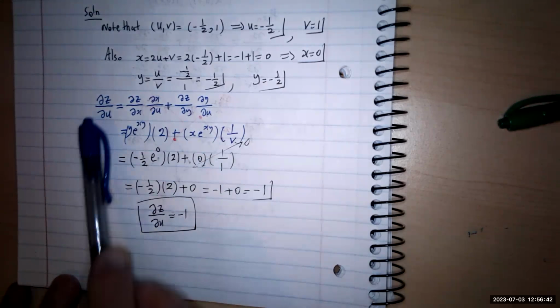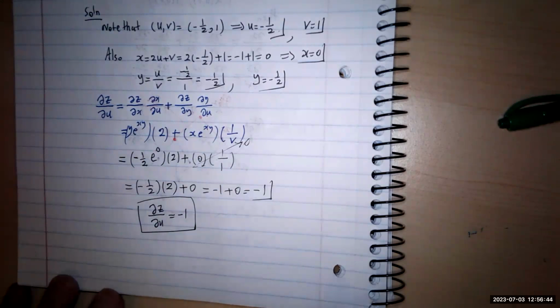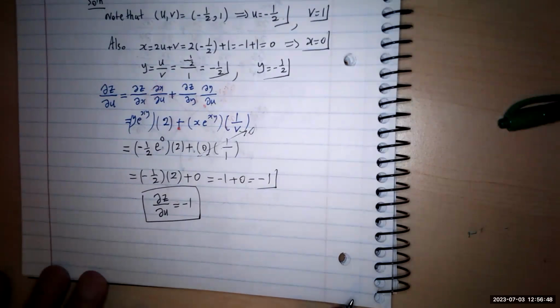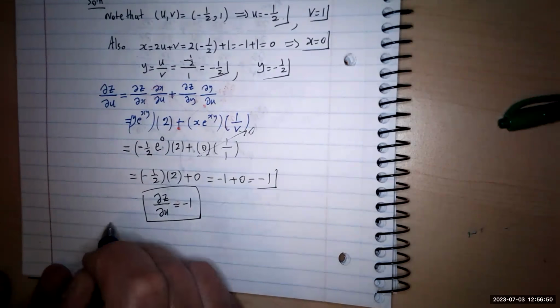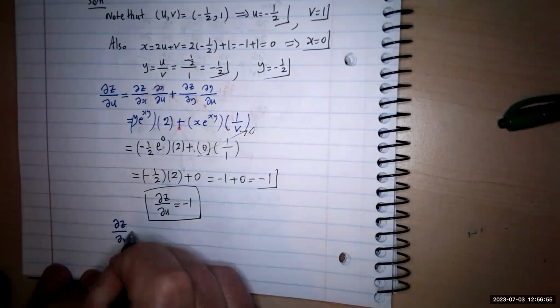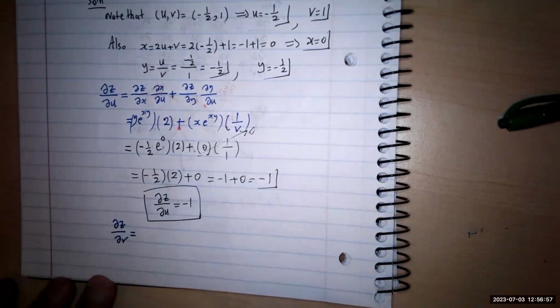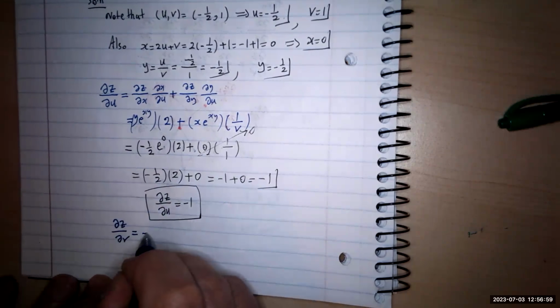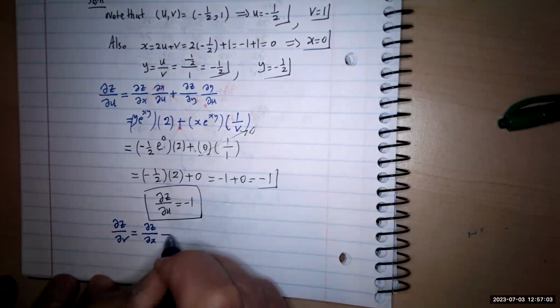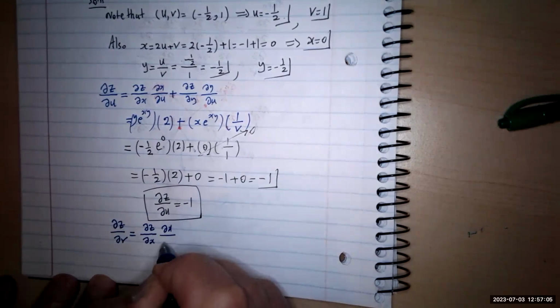Okay, so that was ∂z/∂u. We're going to repeat it again for ∂z/∂v. Equal to, same thing. z is a function of x, so it's going to be ∂z/∂x. And x is a function of v, ∂x/∂v.